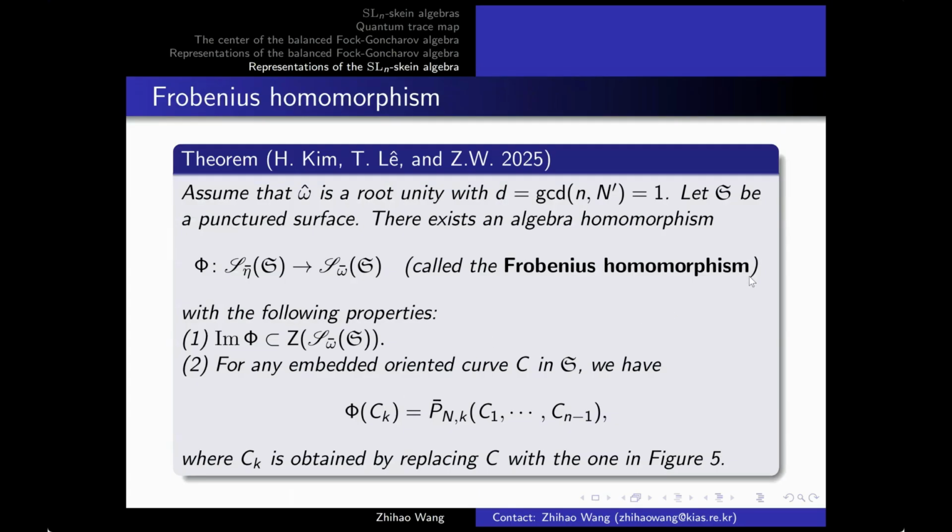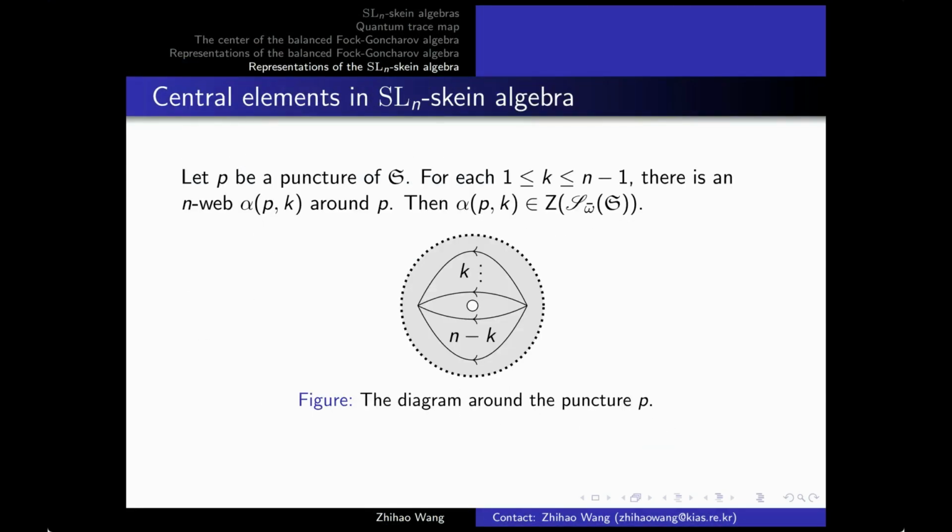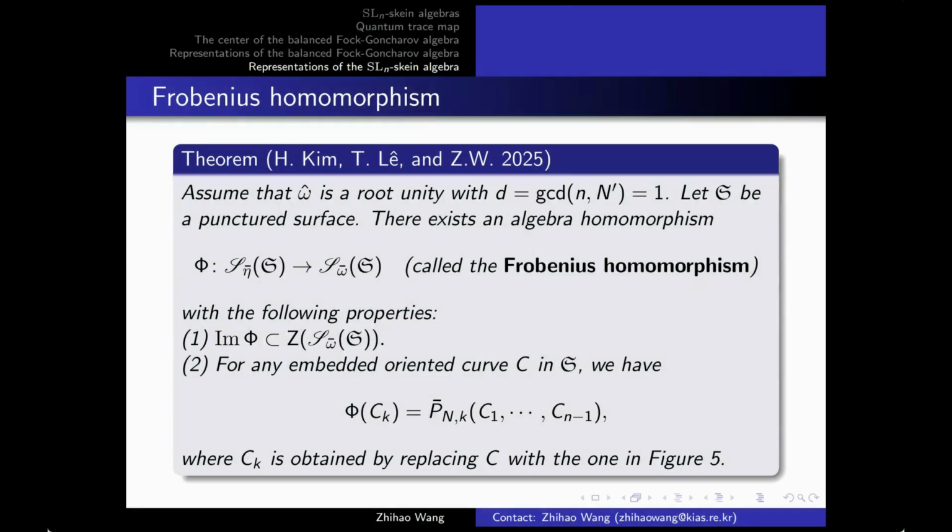The reason why the Frobenius map is important is that it gives us a lot of central elements of the SL skein algebra. Actually, we have two types of central elements. One type is this alpha pk. Another type, like in the quantum torus, is contained in the image of this Frobenius map phi.